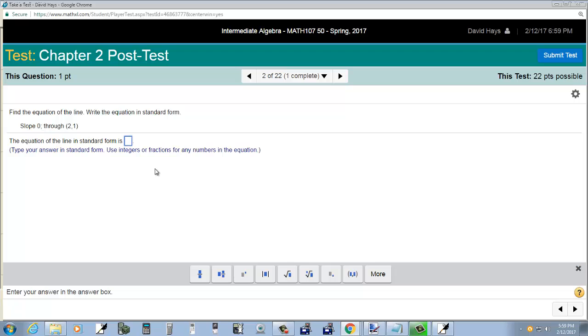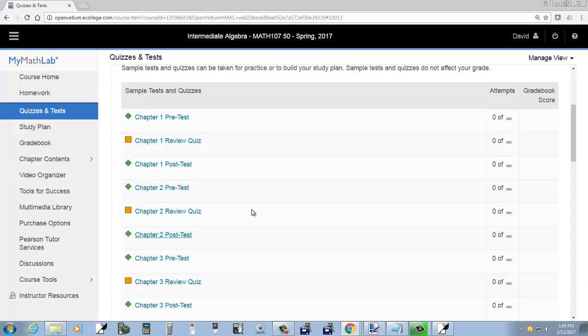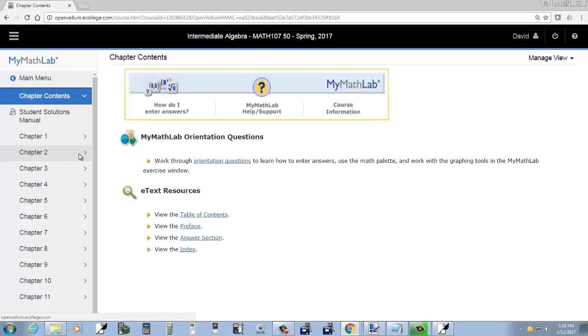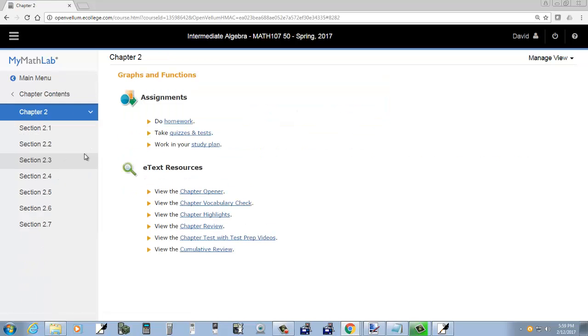Question is what this book considers standard form. And I don't know if it'll let me go back to check that or not. Let's see. Standard form.